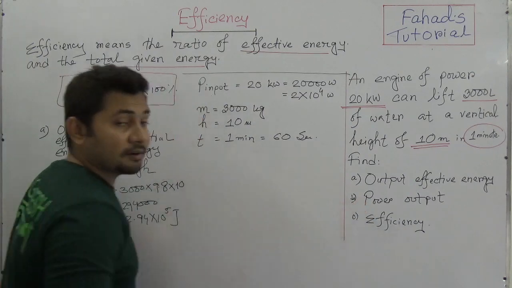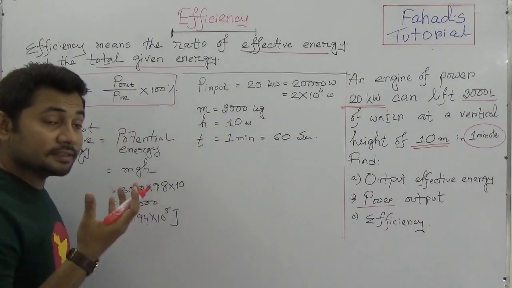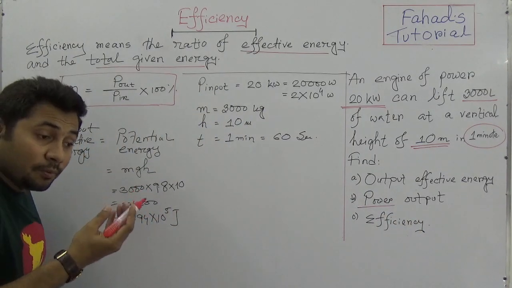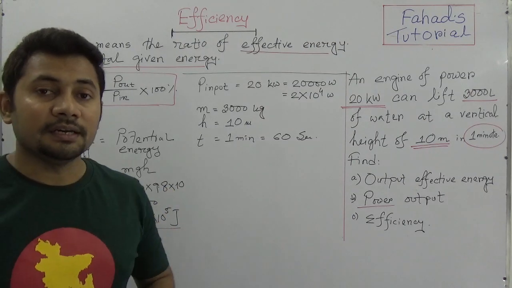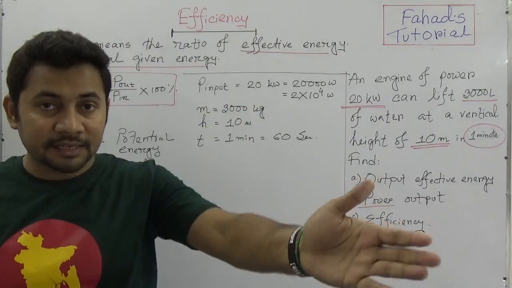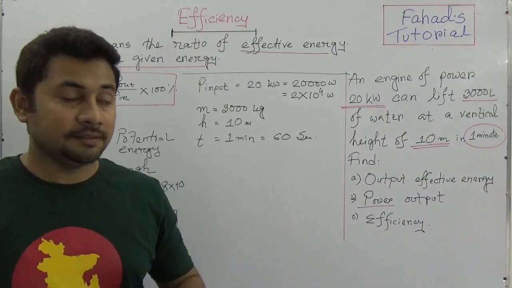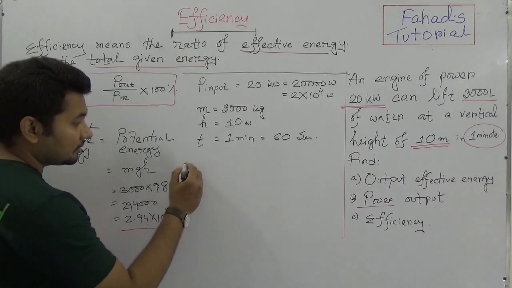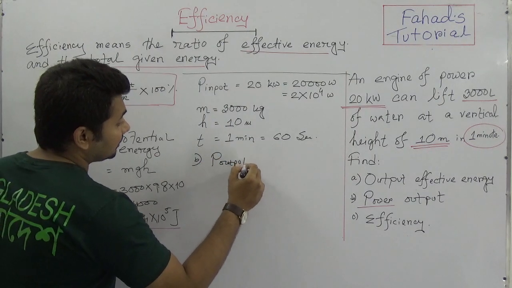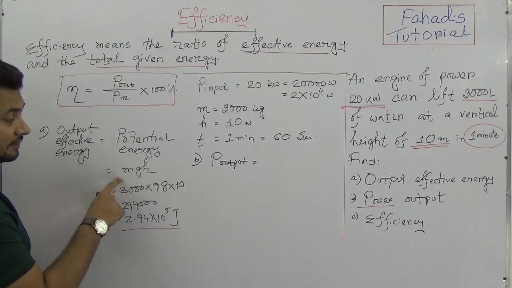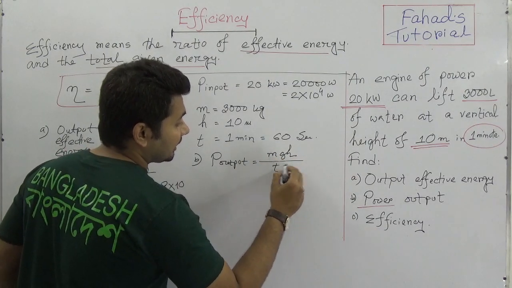Now I need to find out the power output. When I need to find the power output, we need to think about the rate of doing this activity. As you know, power is nothing but the rate of doing activities, or rate of work. So power is equal to W by T. In finding the power output, it would be the potential energy mgh, the work done, over time.